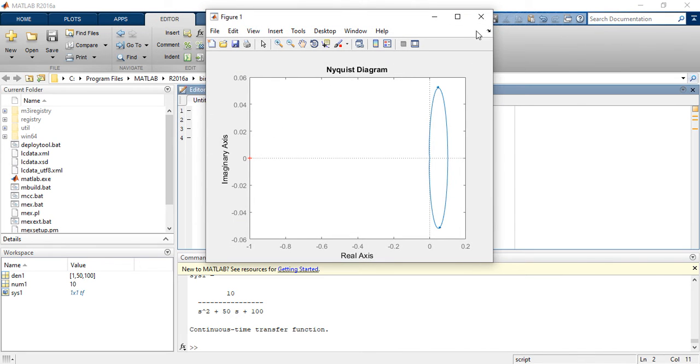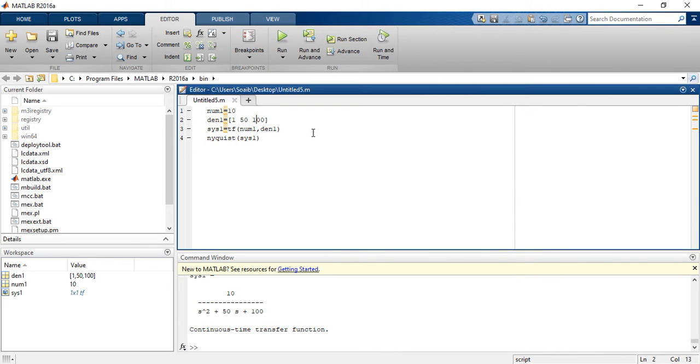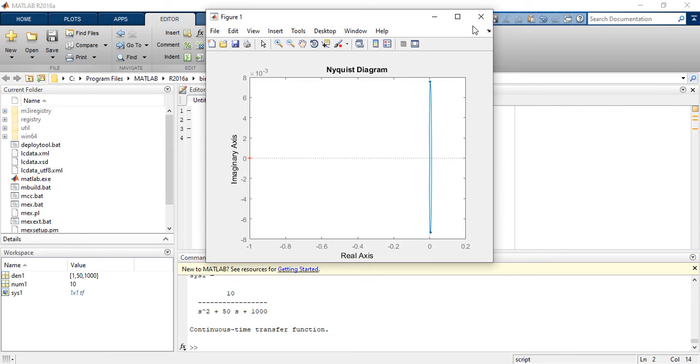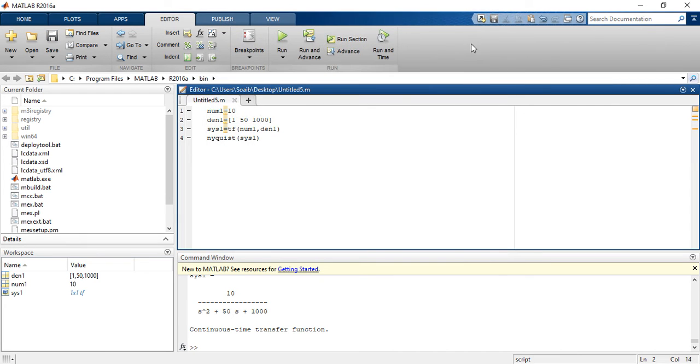Similarly, if I change over here, we have taken, for this particular type 1 system only, the Bode plot, and for type 0 systems the Bode plot and Nyquist plot.